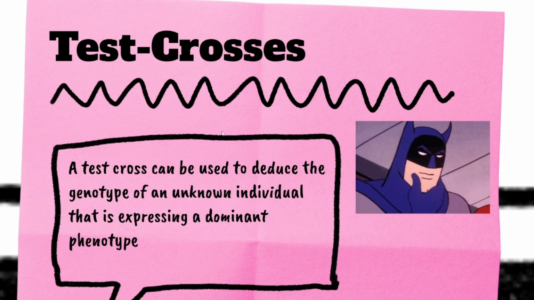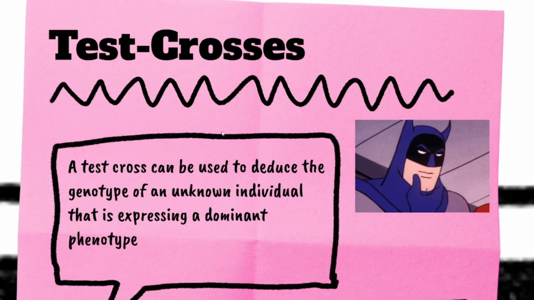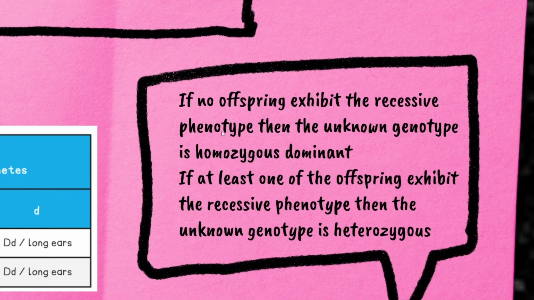To tell the genotype, we can use test crosses. How is it gonna work? If no offspring exhibit the recessive phenotype, then the unknown genotype is homozygous dominant.